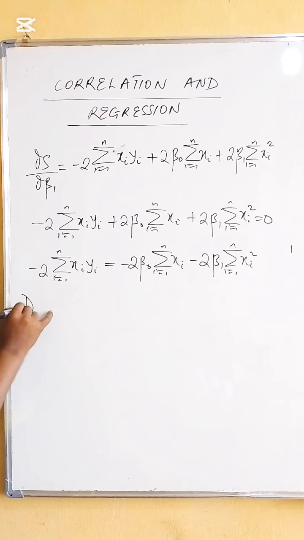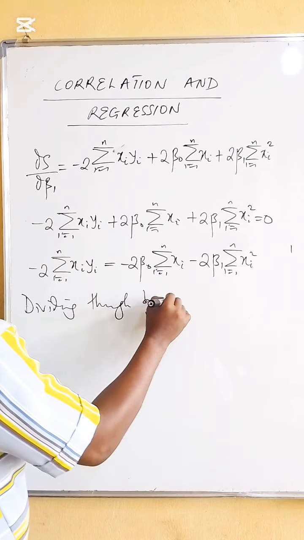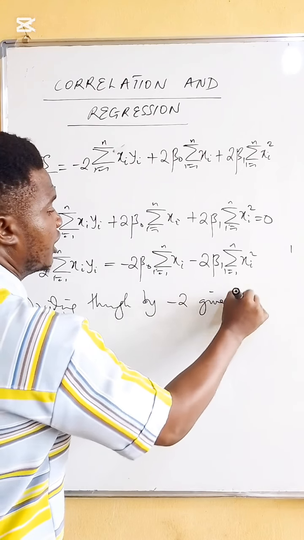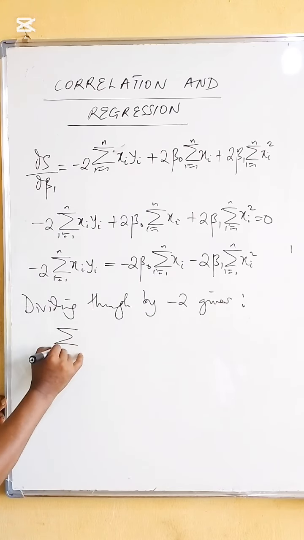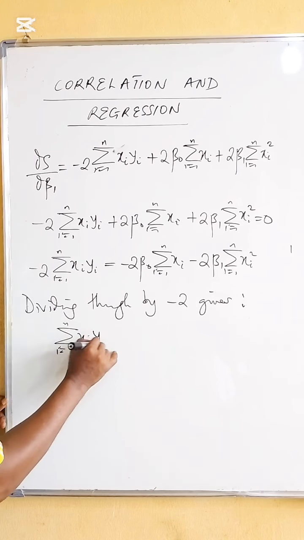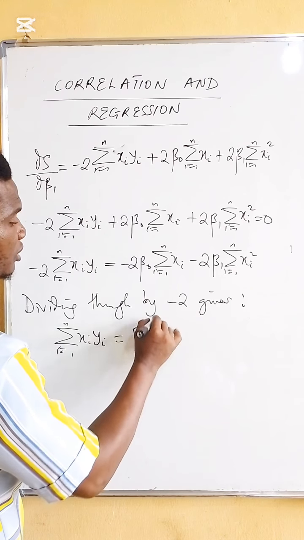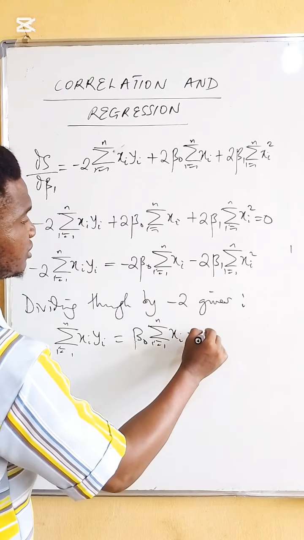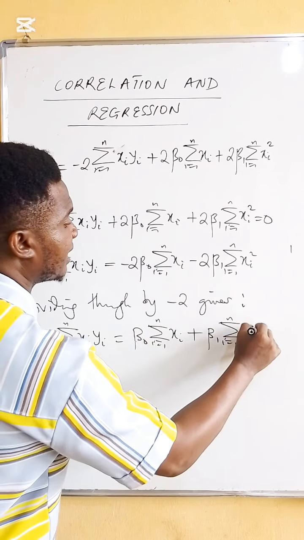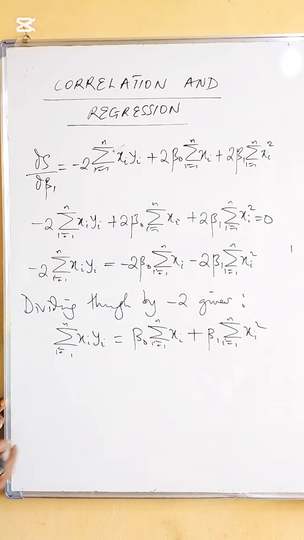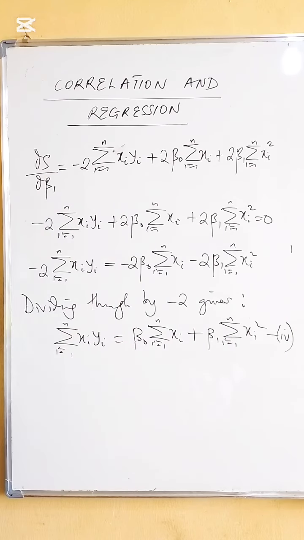Now, dividing through by minus 2 gives summation from i equals 1 to n xi yi equals beta naught summation from i equals 1 to n xi plus beta 1 summation i equals 1 to n xi squared. That's what we are going to have. I'm going to call this equation 4.